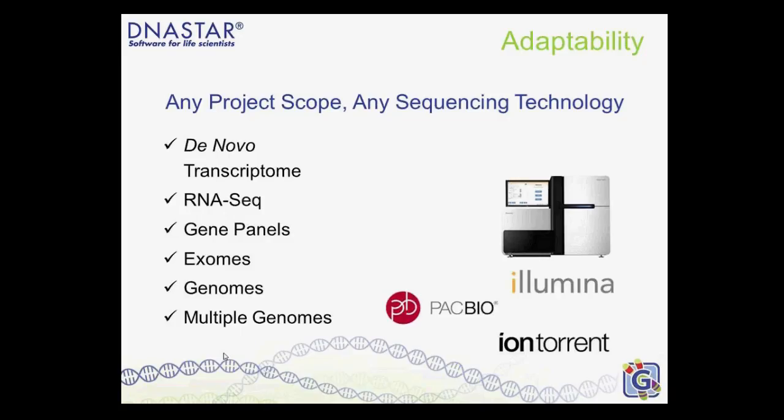We're going to focus on non-model organisms, which can be more challenging because you may not have annotated genomes. You may only have partially annotated mRNA reference sets. So there are a lot more challenges working with non-model organisms, and that's where you need the flexibility of DNASTAR software to allow you to adapt and work with these organisms and produce results that you can analyze.